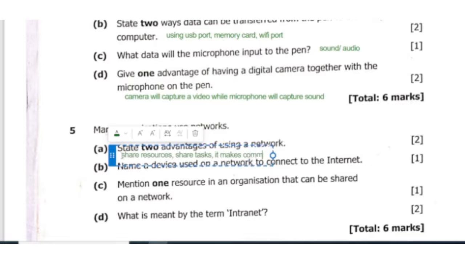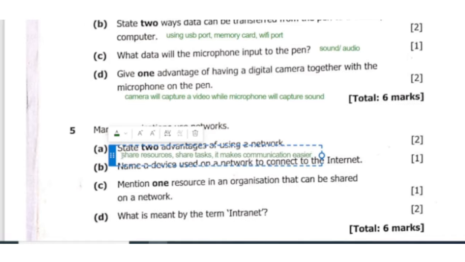So if in the company you have got a network, it will make communication easier, because if the boss wants you in the office, he will just get the phone and call you, and then you come to the office and talk. Or sometimes you are very far and cannot come to the office, you can still receive instructions through a cell phone, through email, through WhatsApp, and those things work with the internet. So that is the other thing.